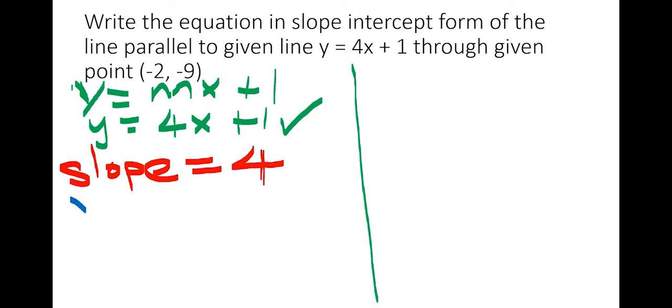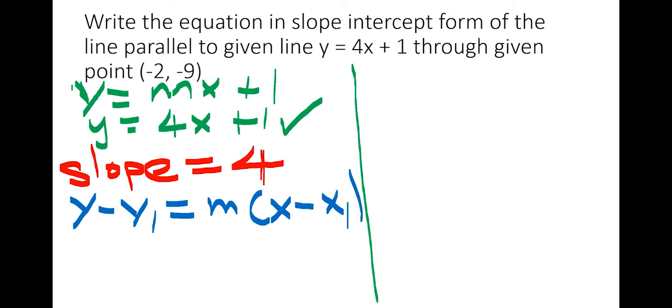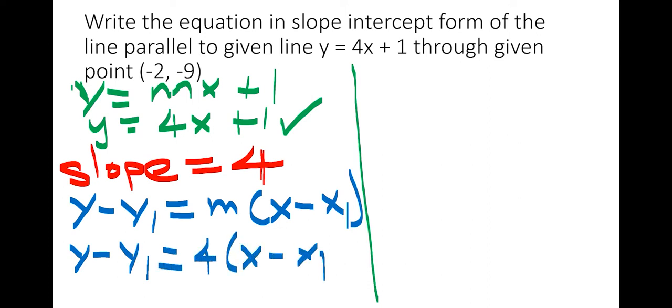Now we rewrite the equation in point-slope form. We write our point-slope form: y minus y1 equals m times x minus x1. So y minus y1 equals 4 times x minus x1.